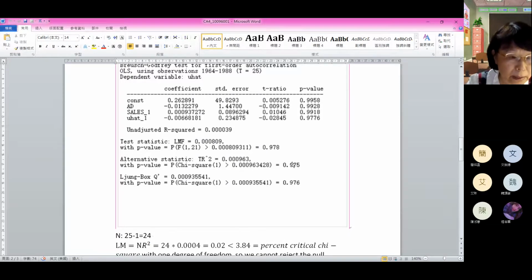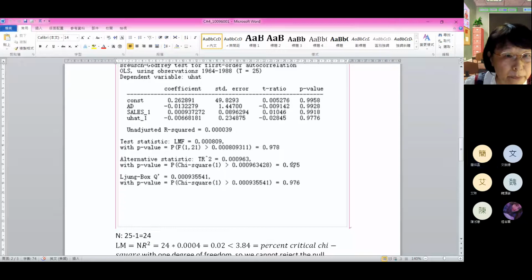You can see it is 0.00000039. It's already done, so you don't have to do it by yourself again. You see what I mean?